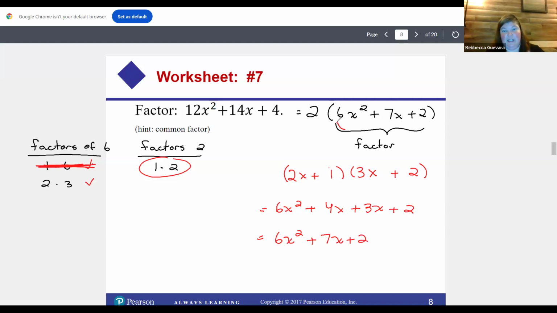So I got this part factored. So if I was to completely factor this, let's do this in black. We'd have the 2 out front, and then we would have these factors: 2x plus 1 and 3x plus 2. I'll do us a favor, I'm going to write it up here.